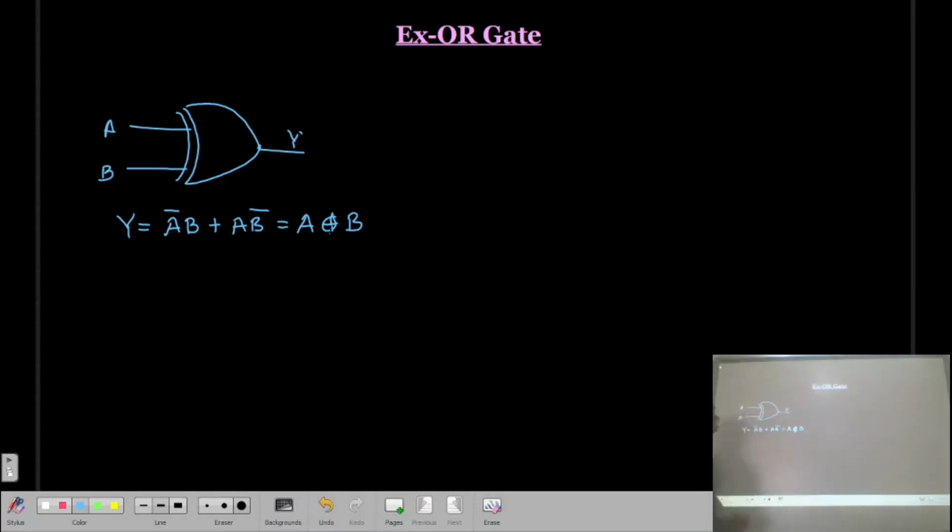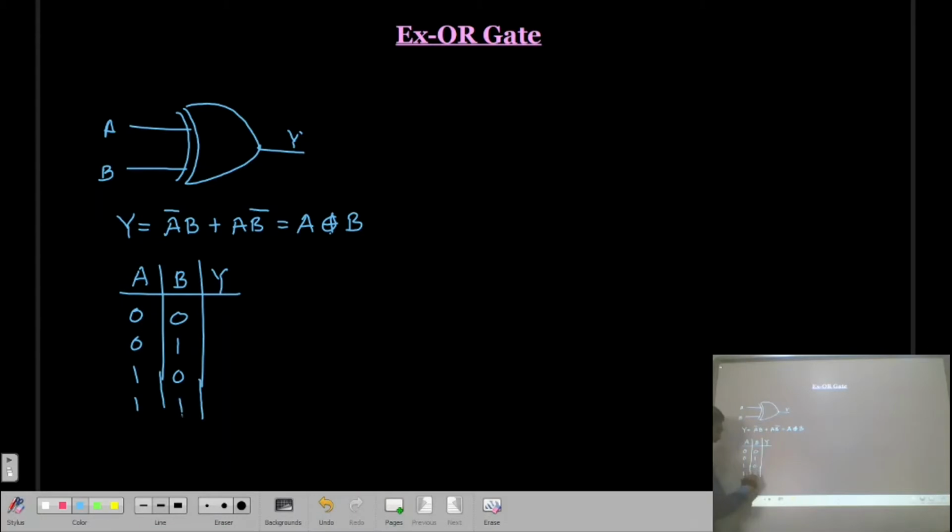Then if you see the truth table, A input, B input, Y output, for these 4 different combinations the outputs are like this. For 0 0 the output is 0, for 0 1 it is 1, here also it is 1. Now again A and B are both the same, so the output is 0.